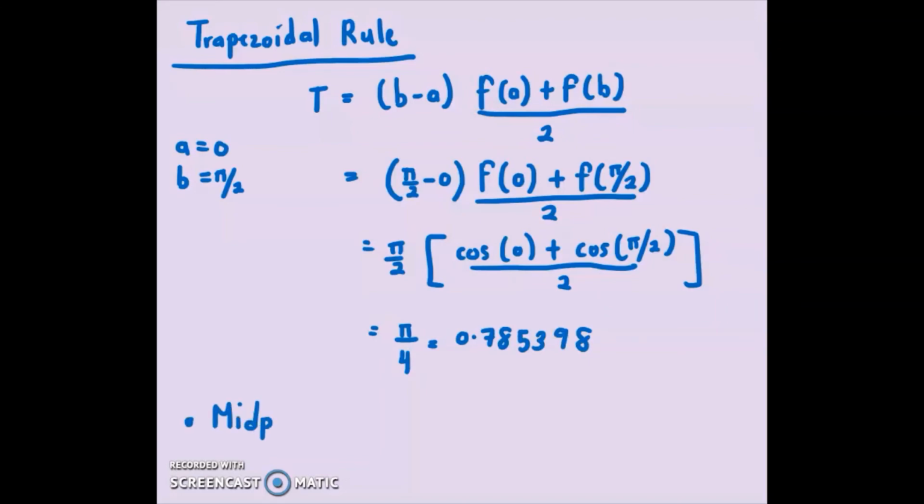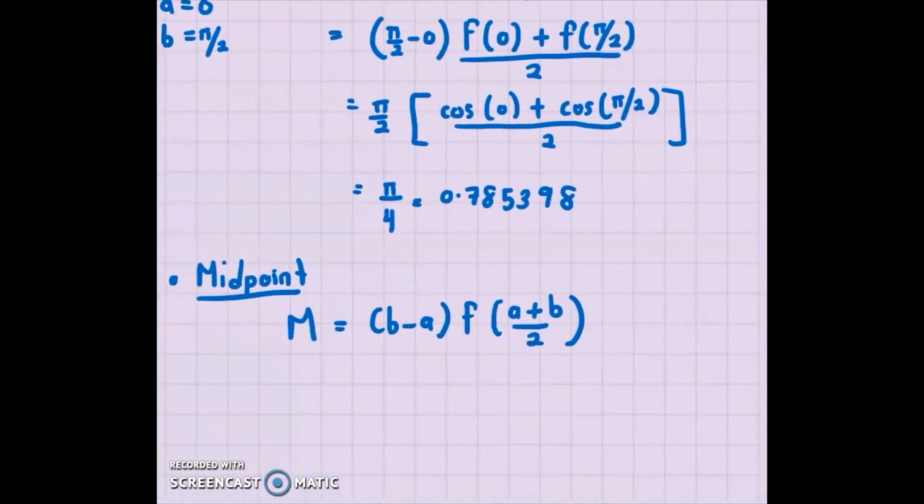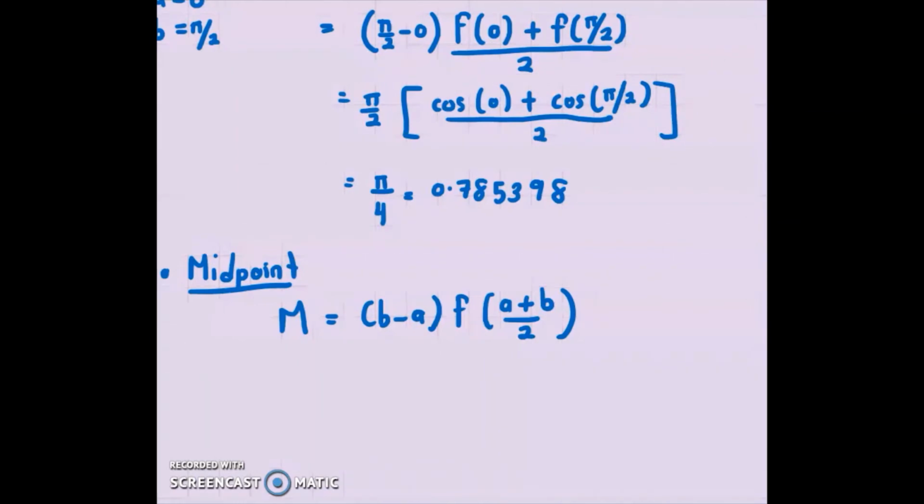Now midpoint, M equals b minus a times f of a plus b over 2. So we have pi over 2 minus 0, times f of 0 plus pi over 2 divided by 2, so we have f of pi over 4.